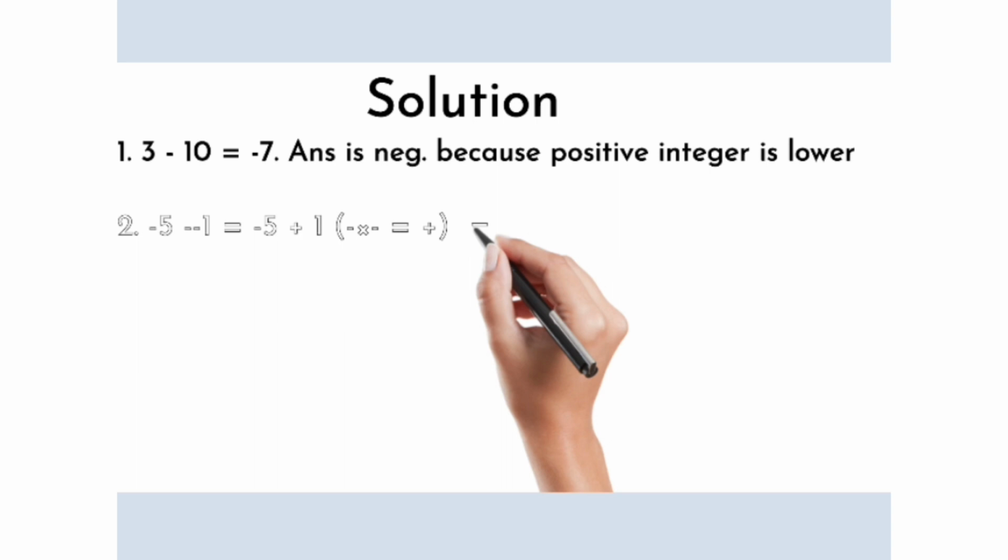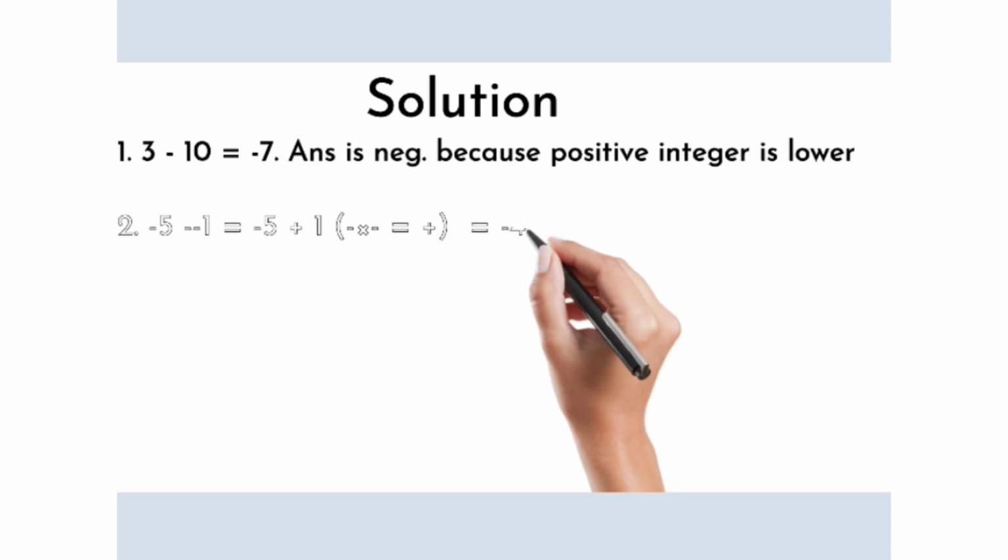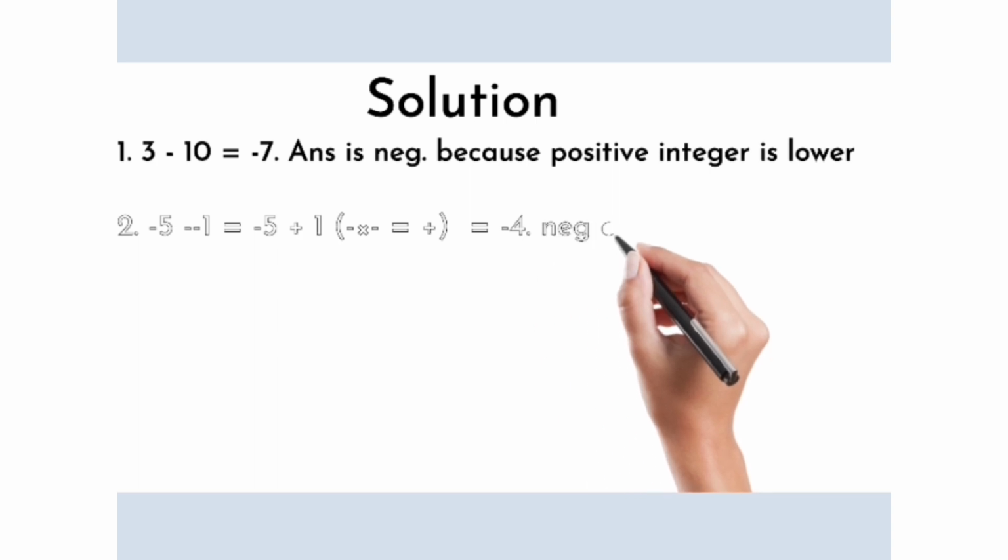So this will give us that minus times minus, or the negative times negative that we discussed the other time, will give us a plus, and that will give us minus 5 plus 1. As we can see, this will now give us a minus 4.